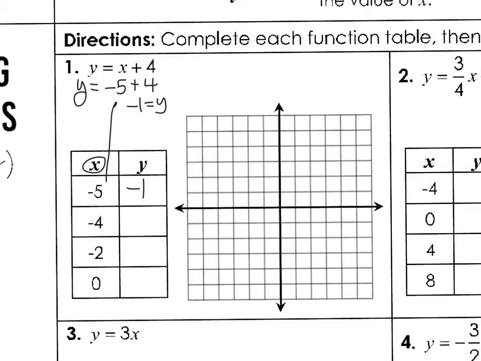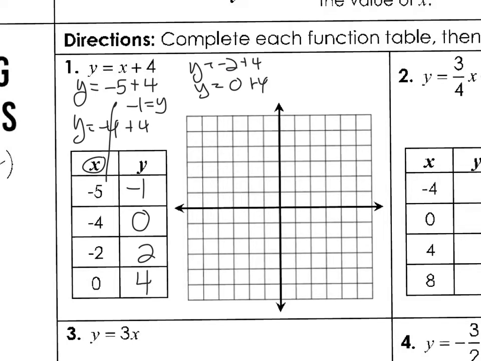All right, and now for -4, we'll plug it in. Y equals -4 plus 4, so y equals 0. And plug in -2, y equals -2 plus 4, so y equals 2. And if we plug in 0 for x, y equals 0 plus 4, so y equals 4.